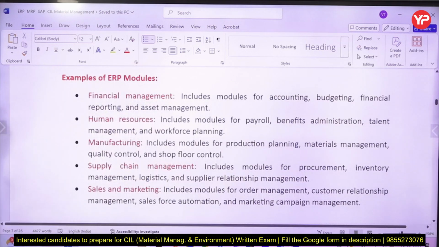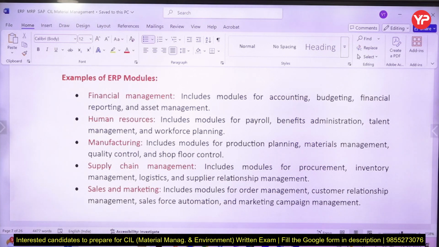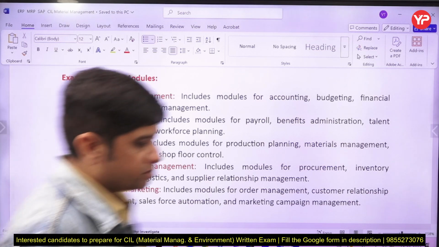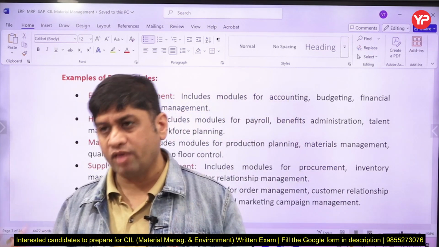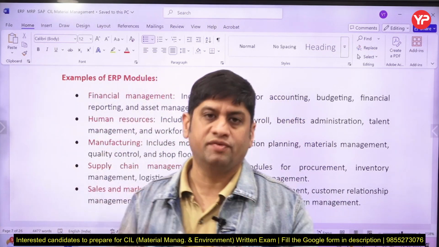What are the examples of ERP modules? The examples are financial management, like accounting, budgeting, reporting, asset management. This is also a module. I told you that ERP, enterprise resource planning, has customized, very specific modules for each activity.